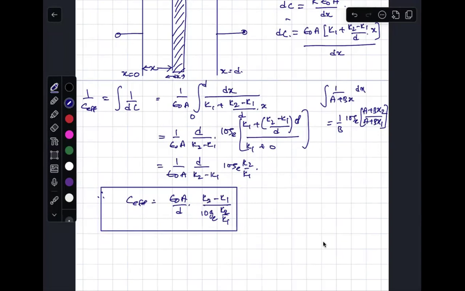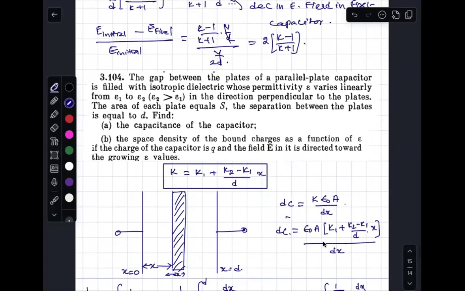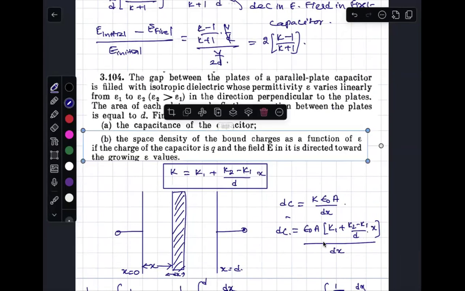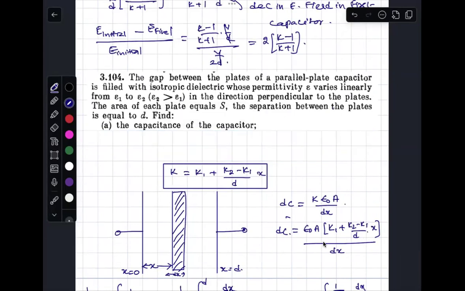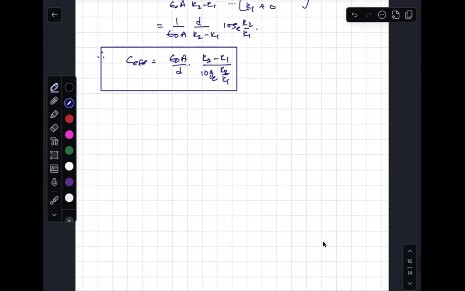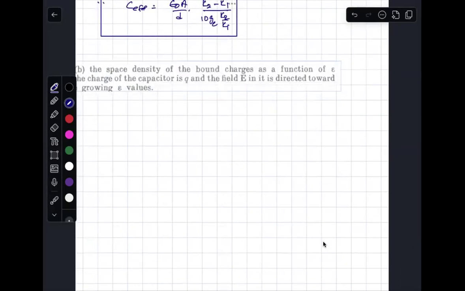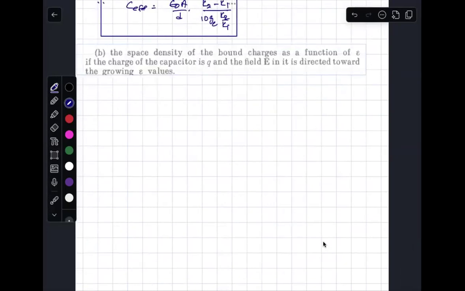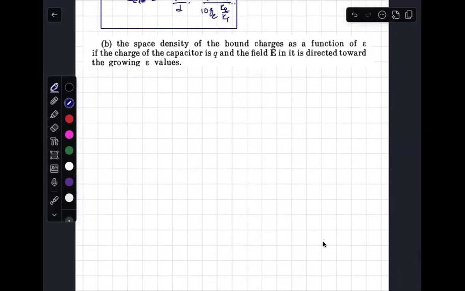Not at all to touch that one. The second part is important. What is the second part? The space density of the bound charge. The space density of the bound charges is a function of the dielectric constant.